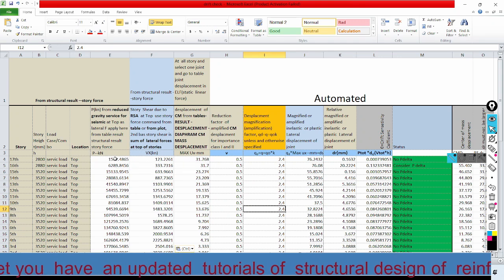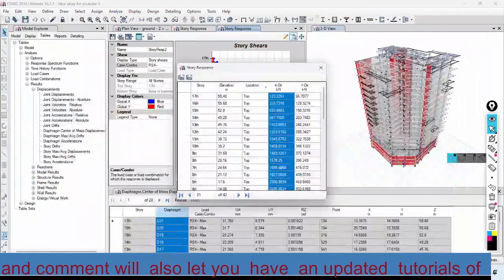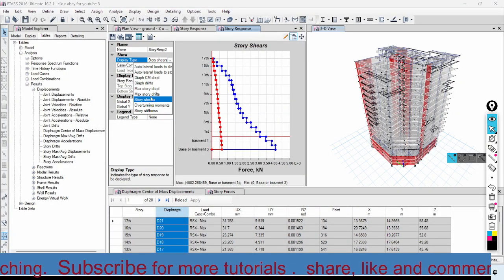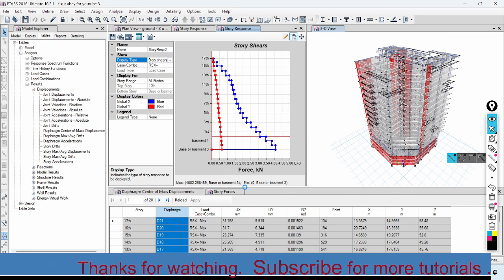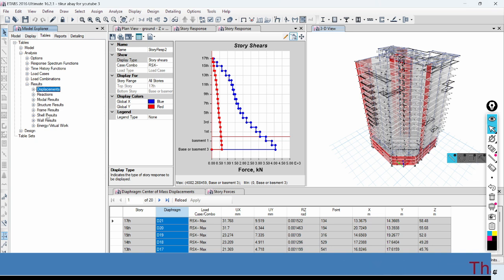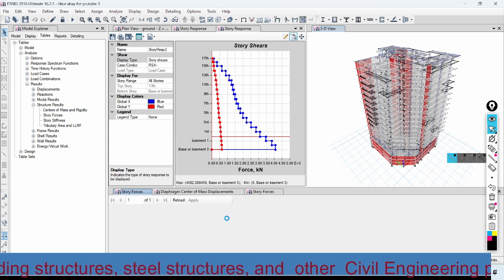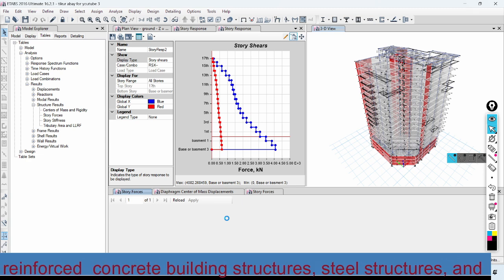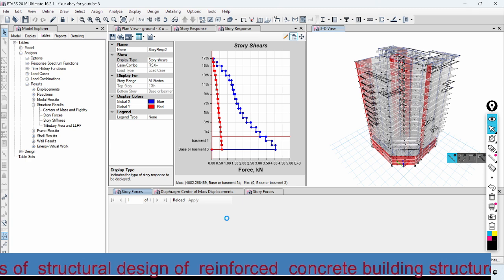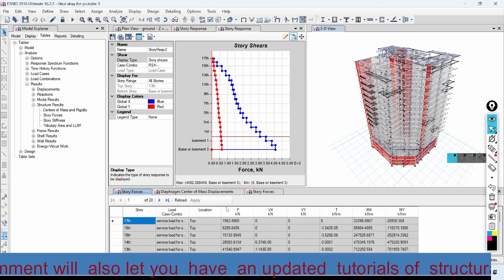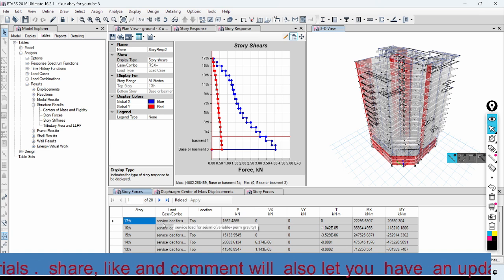And what is left? The gravity load. So here just simply go to your structural result, the story force. And here the service load.